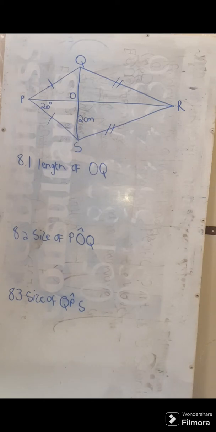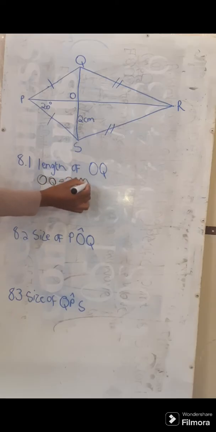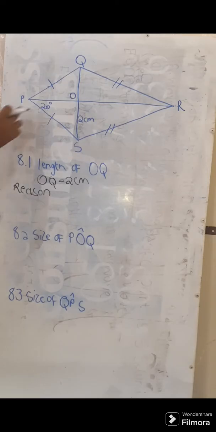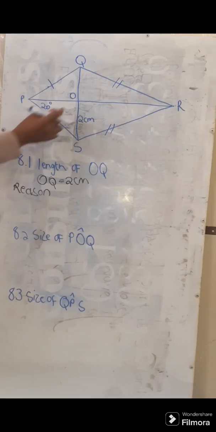So what we're going to say here is that OQ equals 2 centimeters, and then your reason is that this long diagonal of a kite bisects the shorter diagonal.